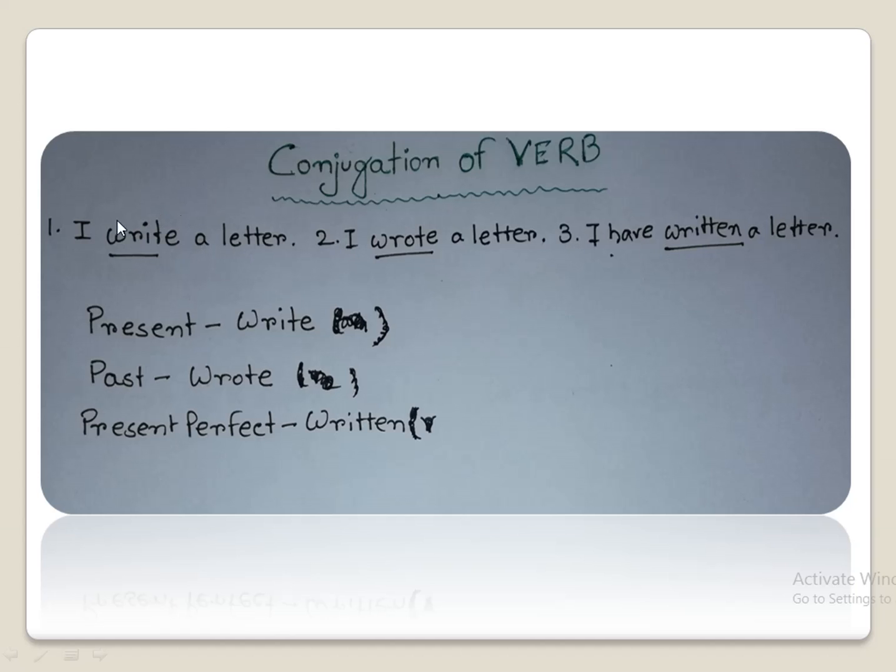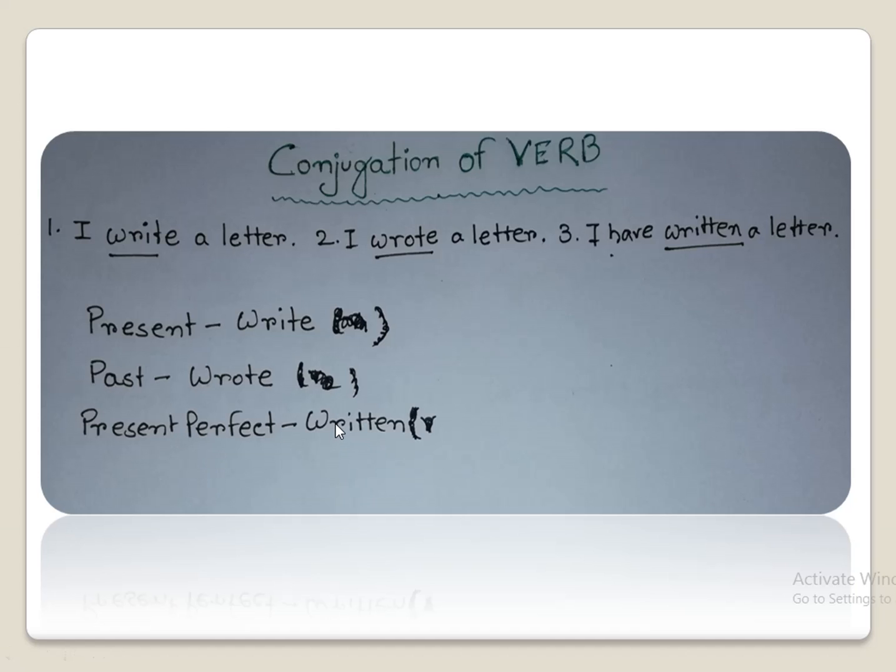The main verb is write and its base form is write, and the other two forms are wrote and written. So now let's see here. Write is the present form, wrote is the past form, and written is the present perfect form, right?